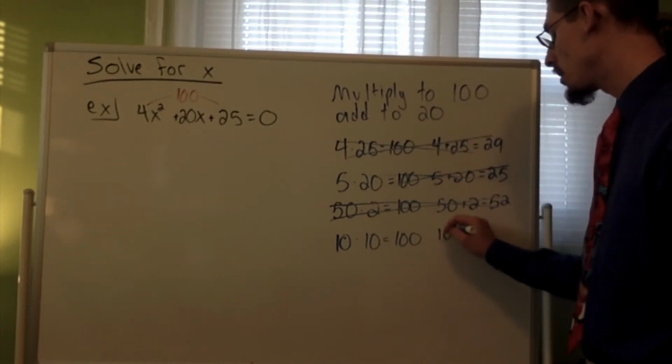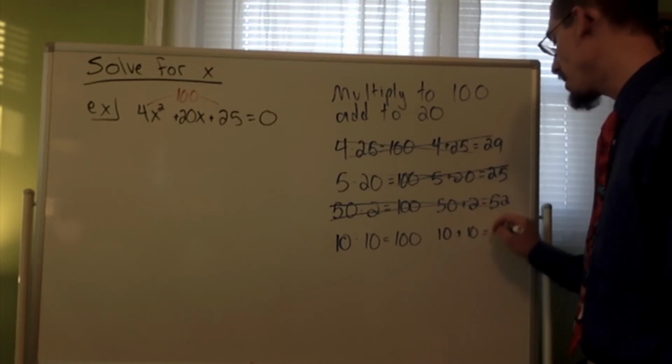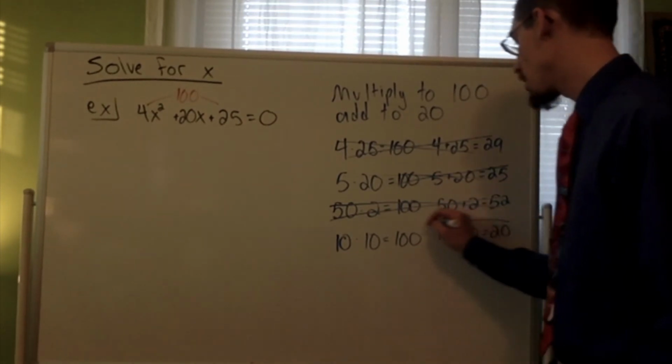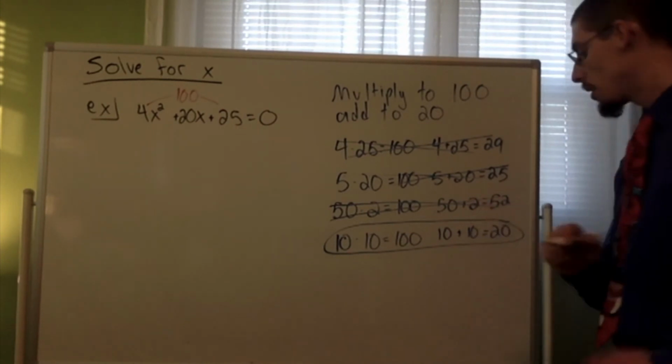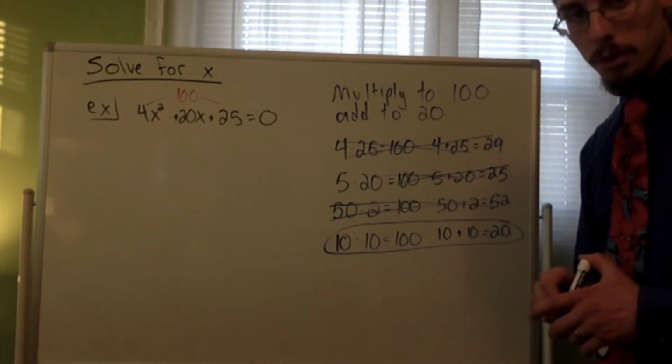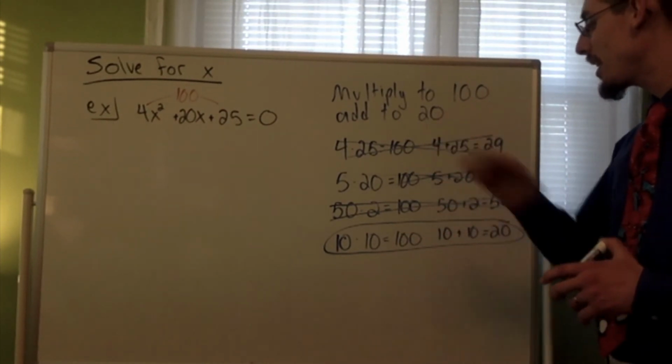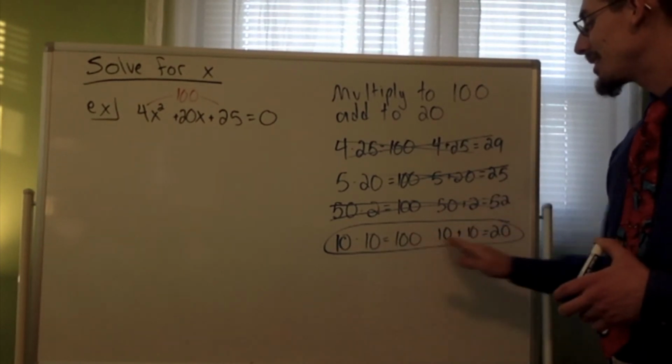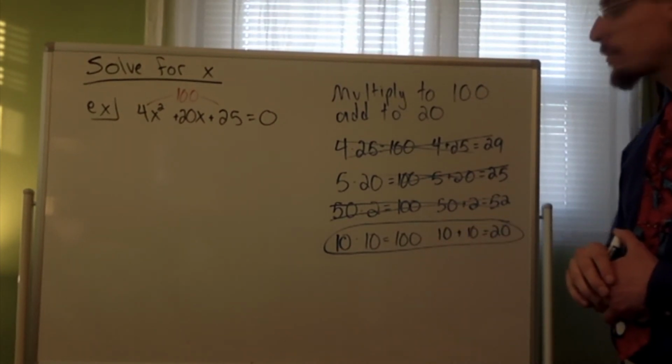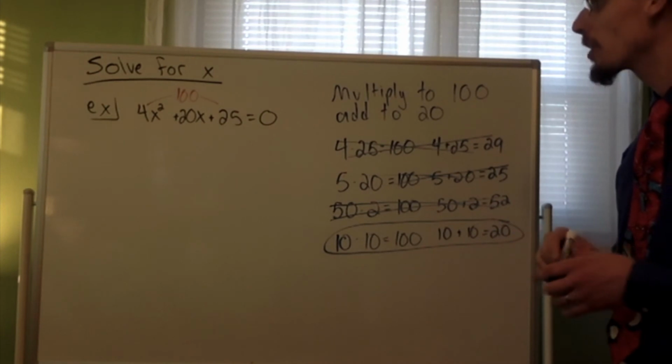And guess what? 10 plus 10 equals 20. So it looks like the two numbers that multiply to 100 and add to 20 are 10 and 10, right?